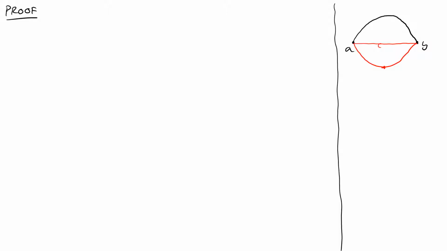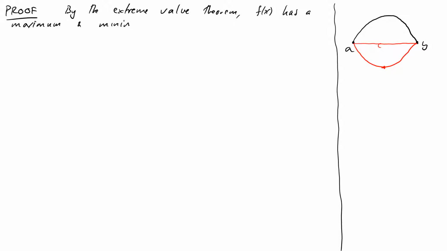Okay, so by the extreme value theorem, f of x has a maximum and minimum value on a, b.